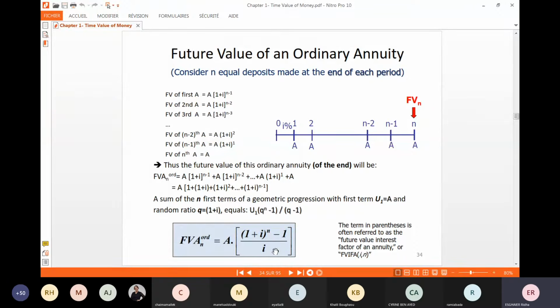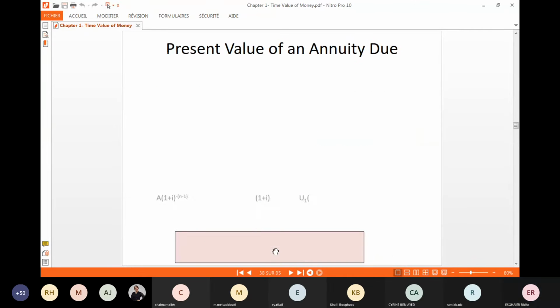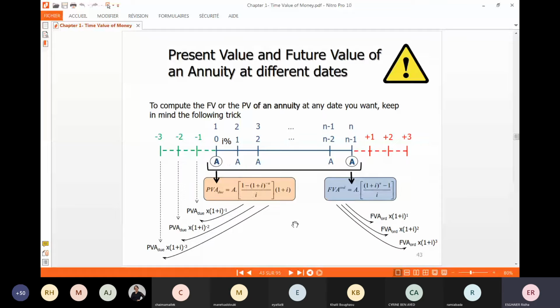So in my timeline I replace all these A's by only one amount called the future value of an ordinary annuity, which is equal to A times (1 plus i) power n minus 1 over i. The n here is very important. N is the number of A's, not the number of years or the date.